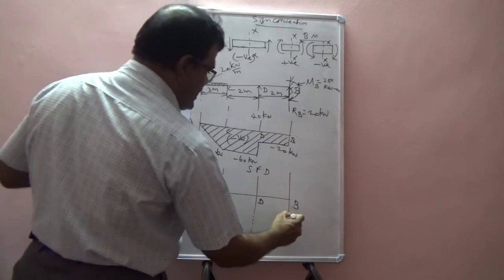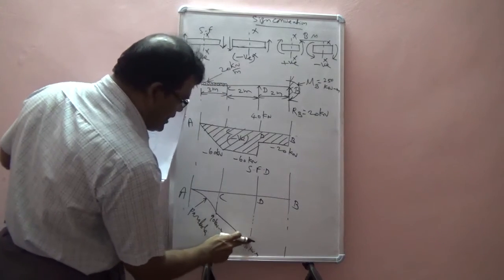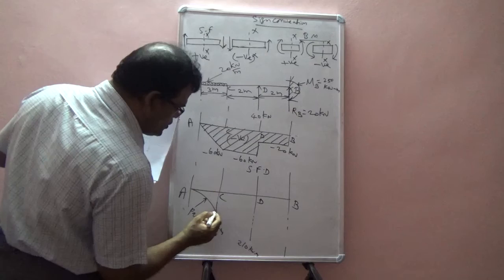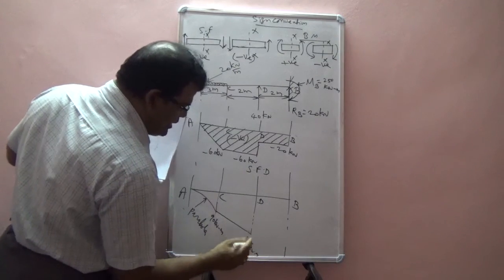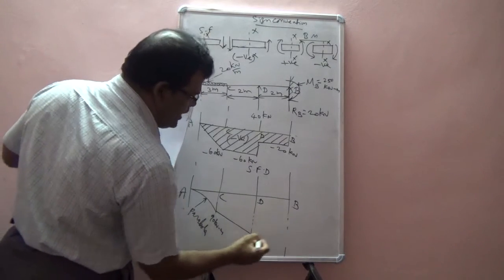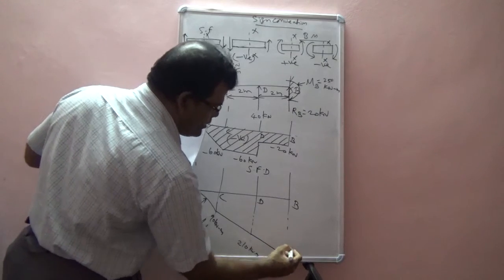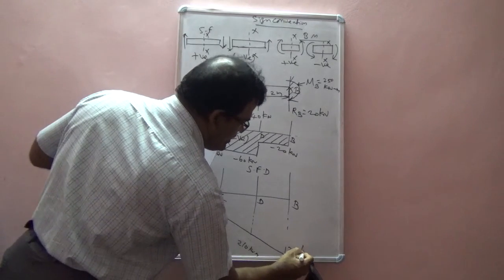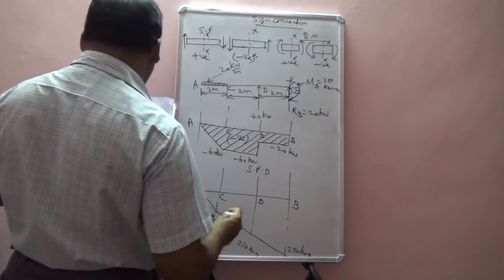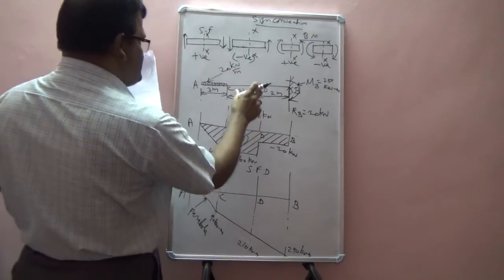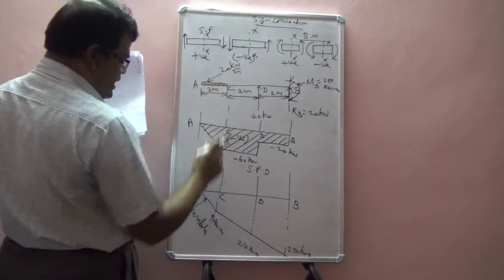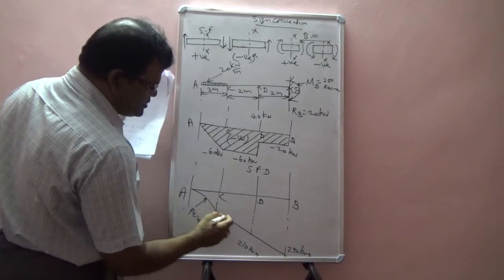Then again at B, so slightly I can increase so that this is the straight line. It is 210, and then at B it is 250. So here it is 250 kilonewton meter. Here it is a straight line, here it is a straight line, here it is a parabola. So it is a parabola and then a straight line.